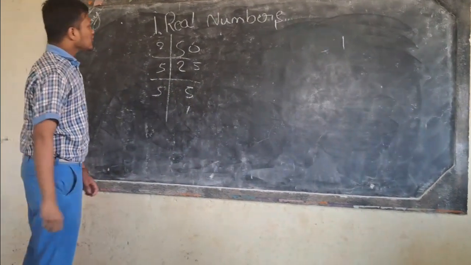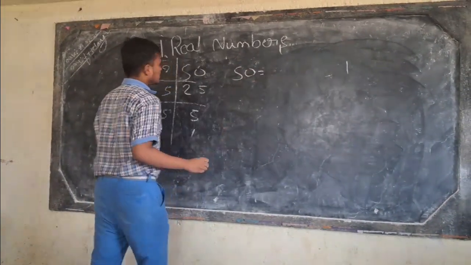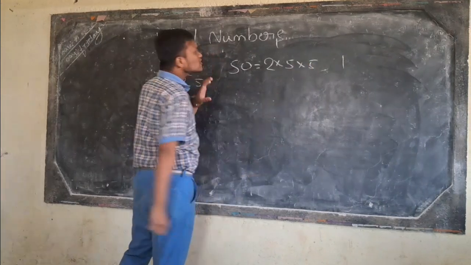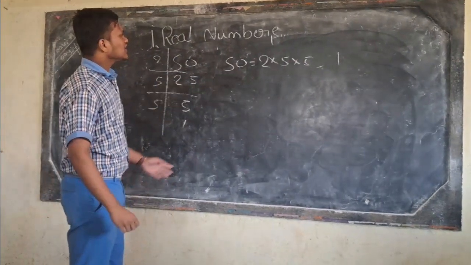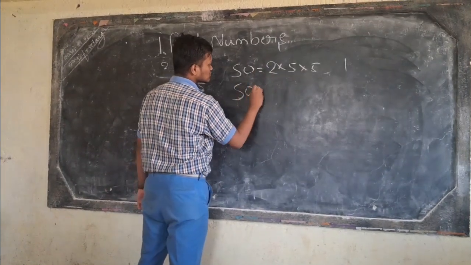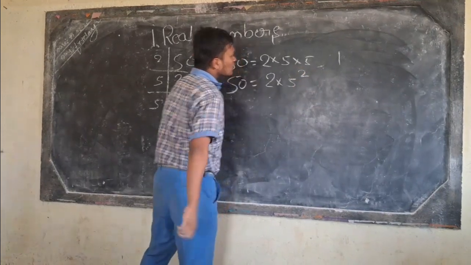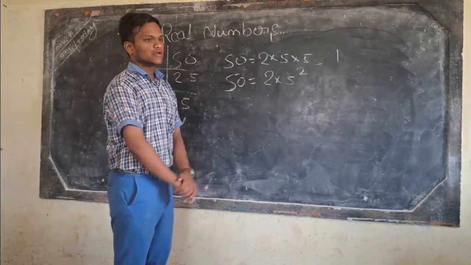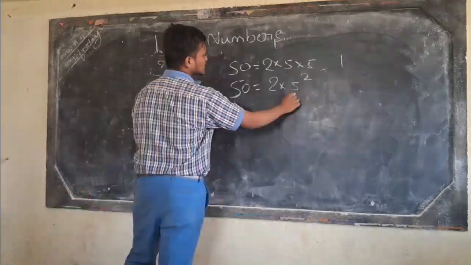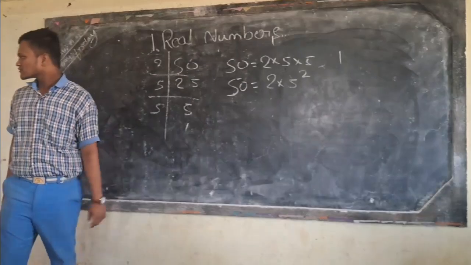The normal factorization is 2 into 5 into 5, but the fundamental theorem of arithmetic says this can be written as 2 into 5 square. This is the method given by the fundamental theorem of arithmetic.